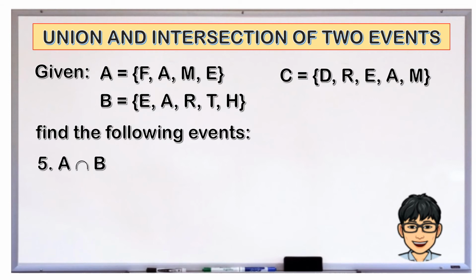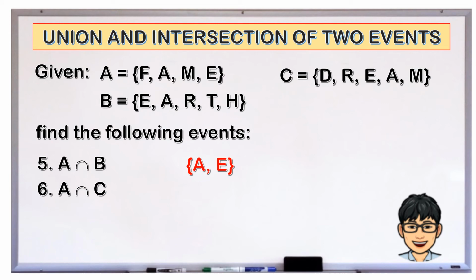Let us continue. Number 5, A intersection B. This time, pag intersection ang hinahanap natin, we will find the common elements na meron si event A at event B. So, makikita natin dito na ang kanilang common element ay A and E. Therefore, A intersection B is equal to AE.